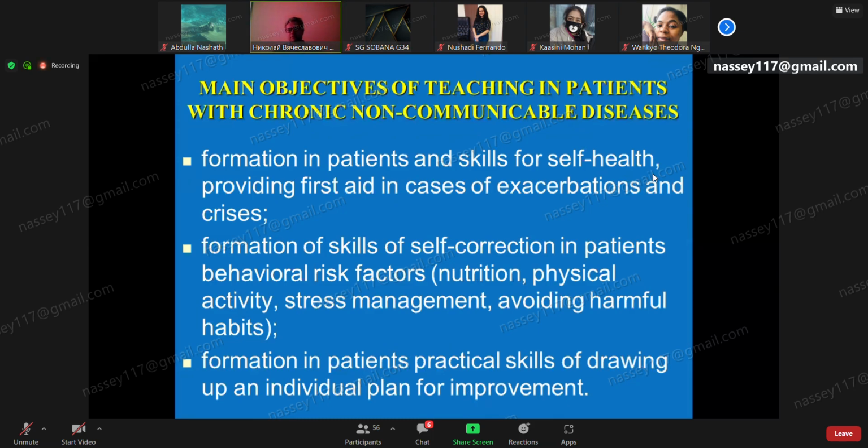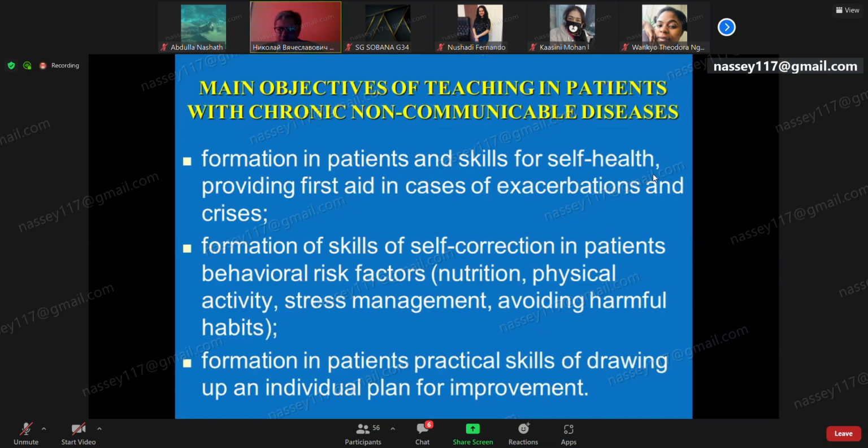Formation in patients of skills for self-health, providing first aid, self-care, first aid in cases of disease exacerbation and life-threatening conditions.